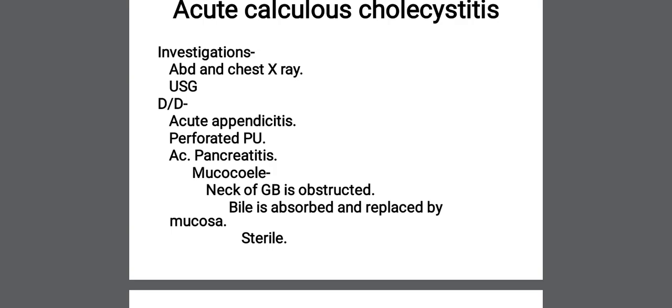The differential diagnoses are acute appendicitis, then perforated peptic ulcer, then acute pancreatitis, right-sided acute pyelonephritis, and right lower lobe pneumonia. So these are the various differential diagnoses. You have to differentiate acute cholecystitis from these conditions.